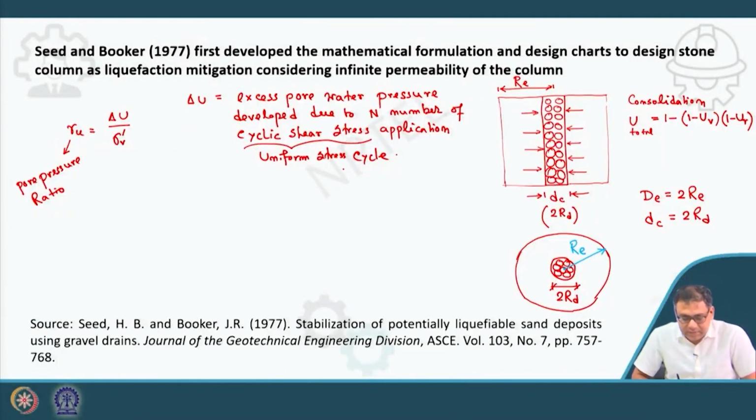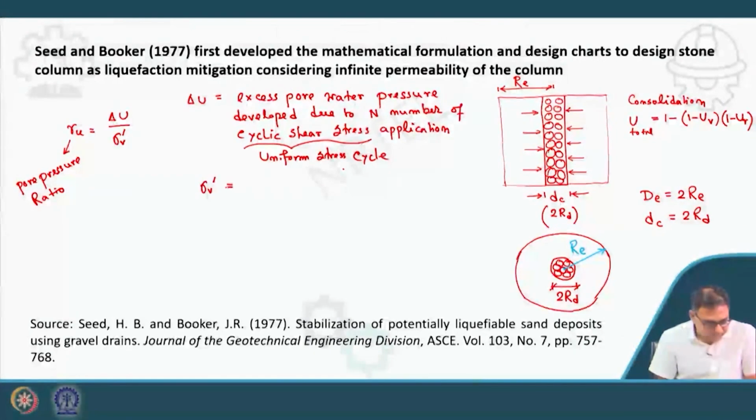So that means ΔU is the excess pore water pressure development due to n number of cyclic shear stress application or n number of stress cycles, okay, and sigma V bar is the initial consolidation pressure, you can put sigma V0, the initial effective stress.